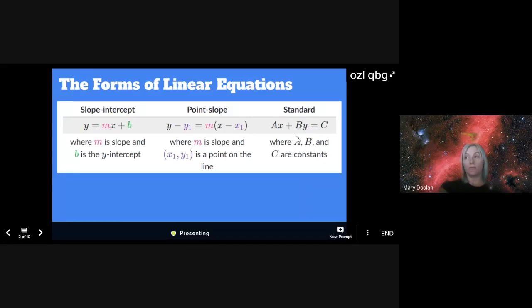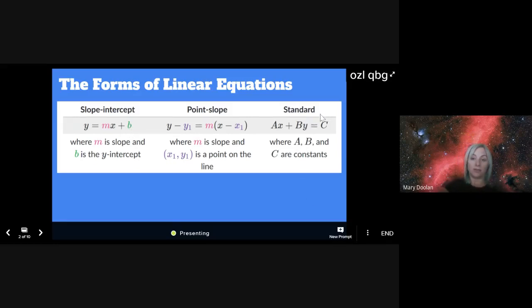There's not really any of these colorful variables standing out because standard form doesn't give us any specific information just by looking at it. In point slope, we can see the slope and one of the points on the line. In slope intercept form, we can see the slope and a point, which is specifically the y-intercept, the value with the x coordinate of 0, b, on the y-axis.